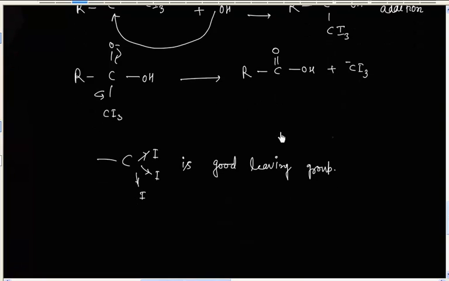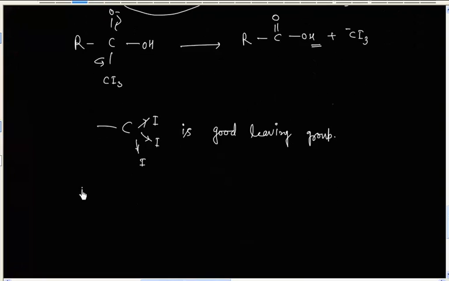And finally CI3 minus can take a proton from here to form CHI3. So in the special case of haloform reaction, we have something very similar to acyl substitution. Otherwise we have acyl substitution only on acid derivatives that have a good leaving group attached to the acyl carbon.